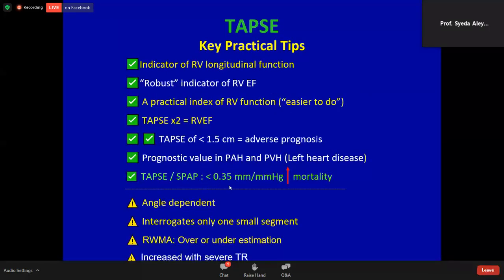Again, one can do a bedside prognostic factor by a ratio of TAPSE and systolic pulmonary artery pressure. It can be done within a few seconds, because when there is an RV dysfunction, the TAPSE becomes reduced, and usually whenever there is pulmonary hypertension, the pressure increases, so the ratio goes on decreasing.